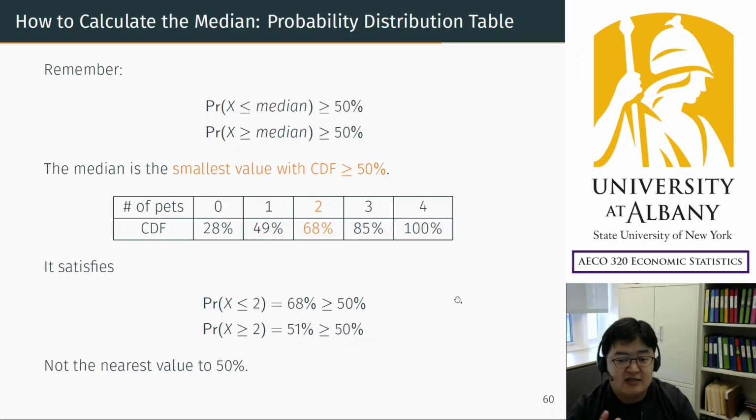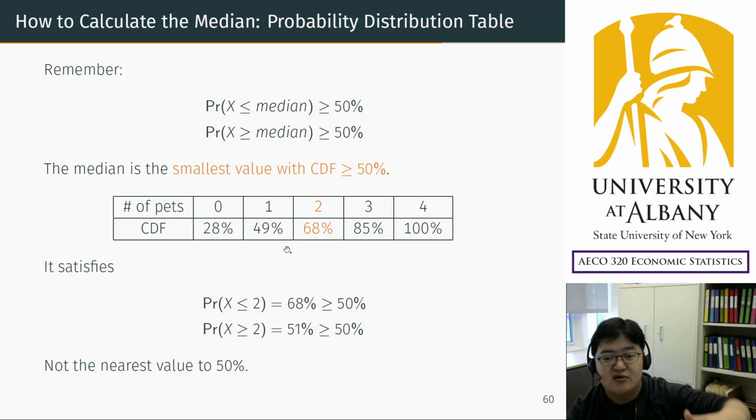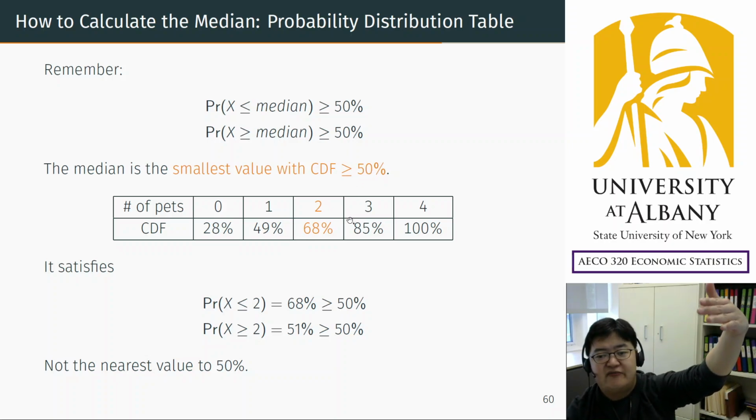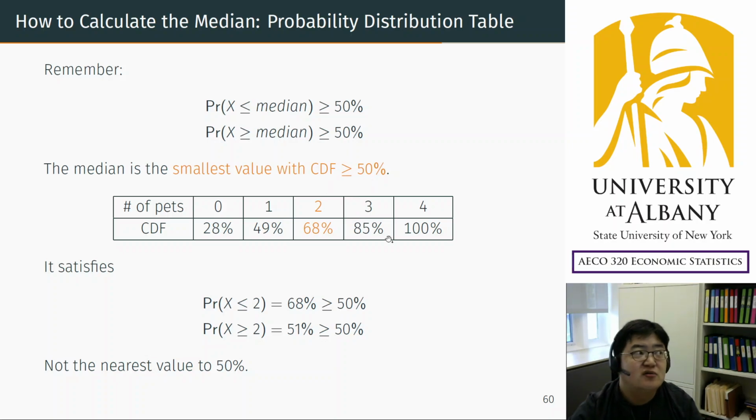So as I said, we can make both sides greater than 50%, as in this example, because the median point is double counted on both sides. So it's not choosing the nearest value. You have to go beyond 50% first, and then choose the first value you encounter.